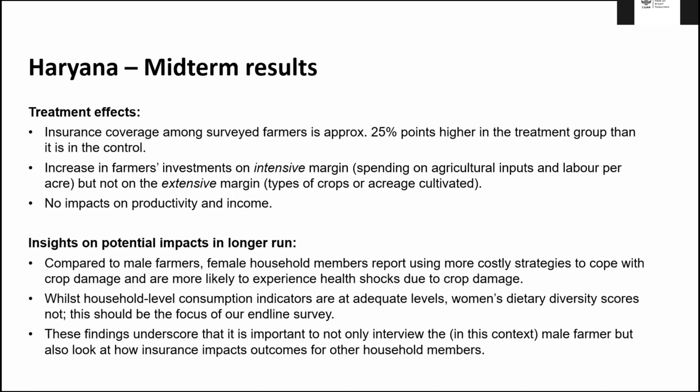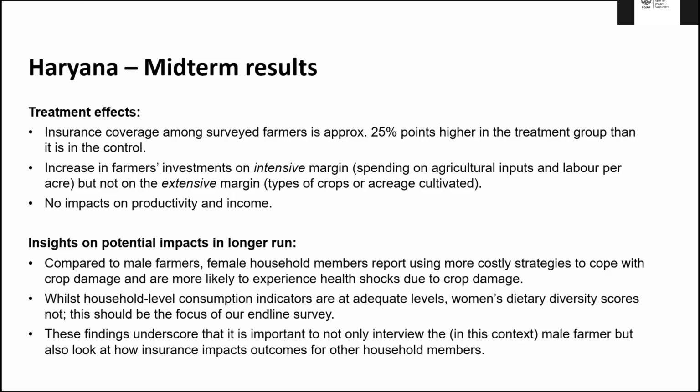Insights on potential impacts in the longer run from the survey, we also see that compared to male farmers, female household members, who in this more conservative part of India are very unlikely to actually see themselves as farmers, they rarely go, for instance, to the fields. They mostly restrict their daily chores to the compound.